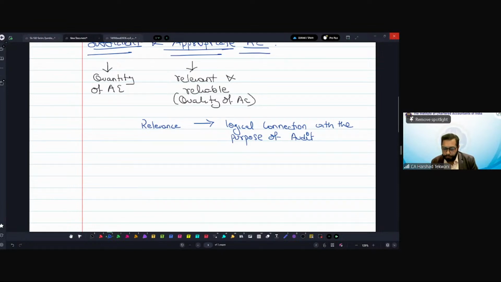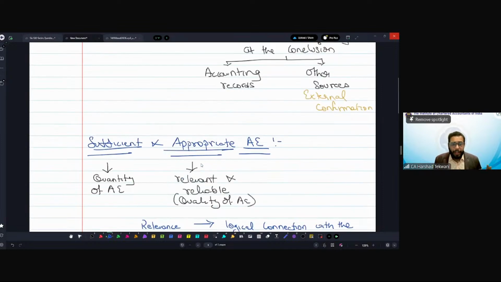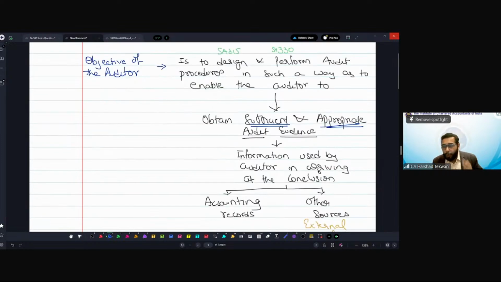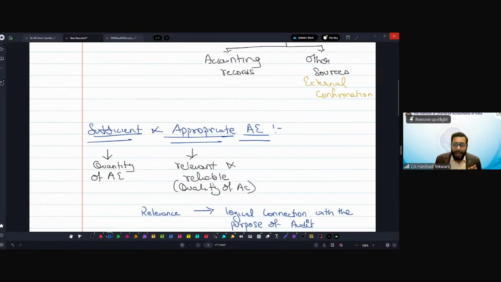Okay. Now the second term that I want to talk about is reliability. Reliability of the audit evidence. Again, these are part of appropriate audit evidence. So we were talking about obtaining sufficient and appropriate audit evidence. From appropriate, we came to the relevant and the reliable part.